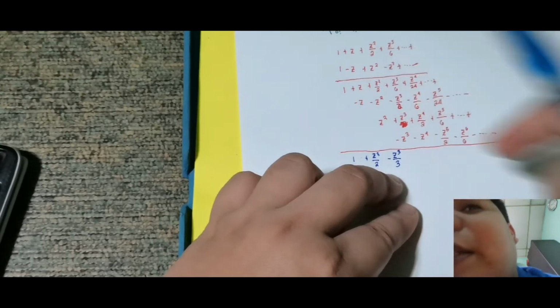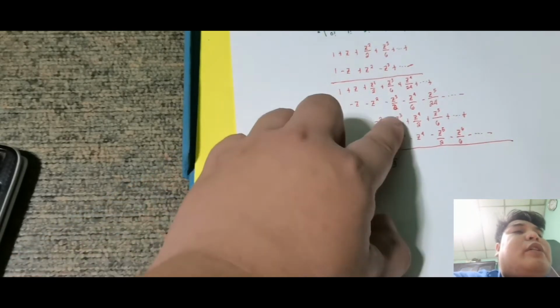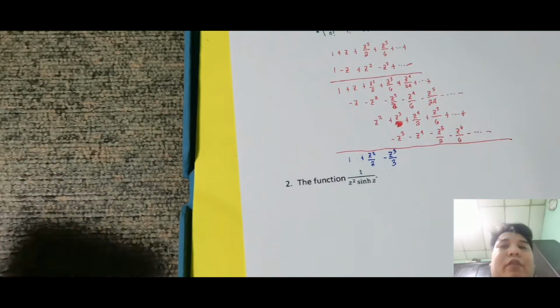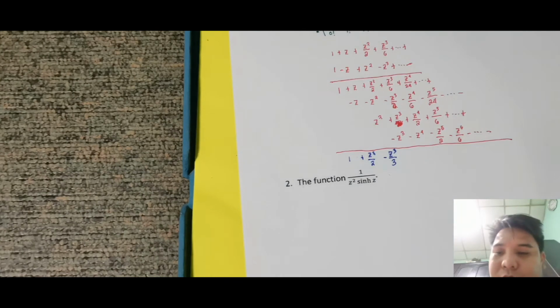Next dito may makakancel ba? I think wala. So add natin as if 1 over 24 minus 1 over 6 plus 1 over 2 minus 1. So add natin yun. Sabi 1 over 24 minus 1 over 6 plus 1 over 2 minus 1.